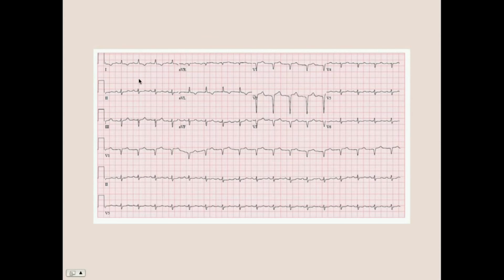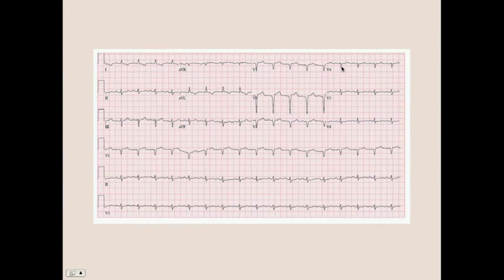And you can diagnose low QRS amplitude in the limb leads 1, 2, and 3 by measuring the QRS length as less than 2 millimeters. So I would say this is about 2 millimeters. So I would definitely consider this low or decreased QRS voltage.